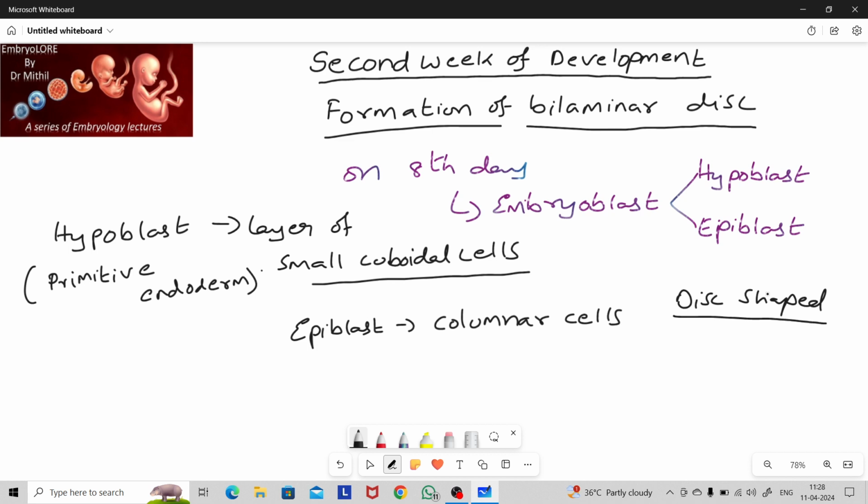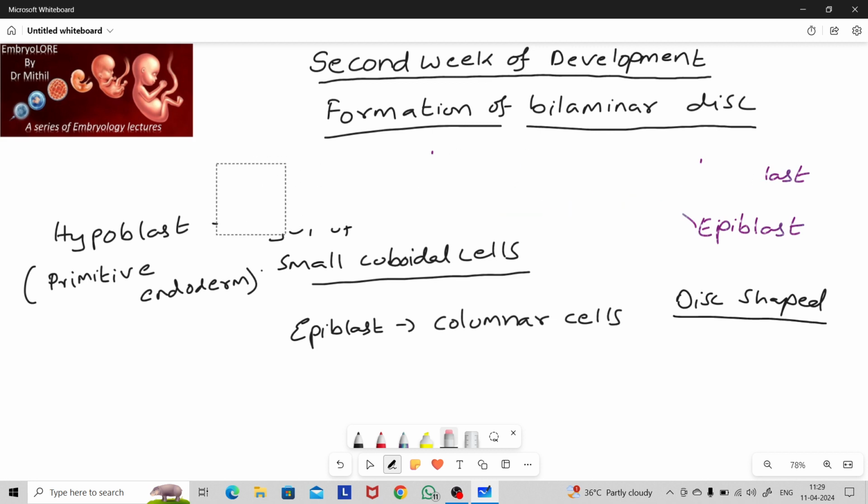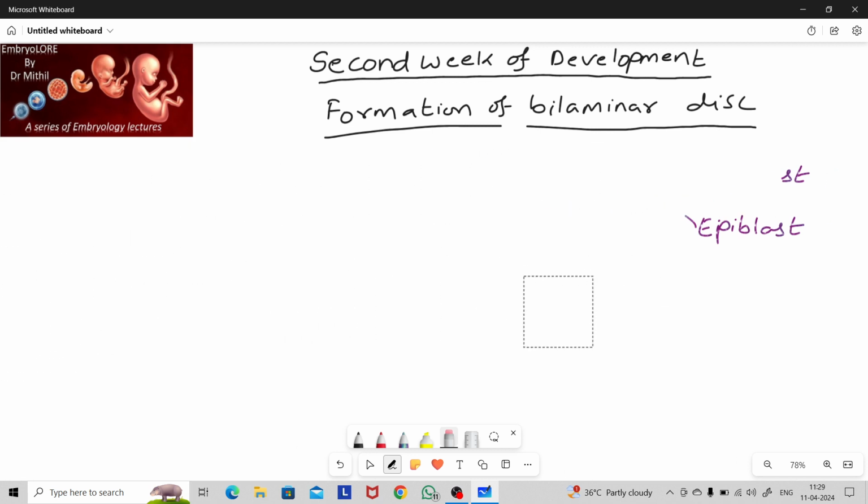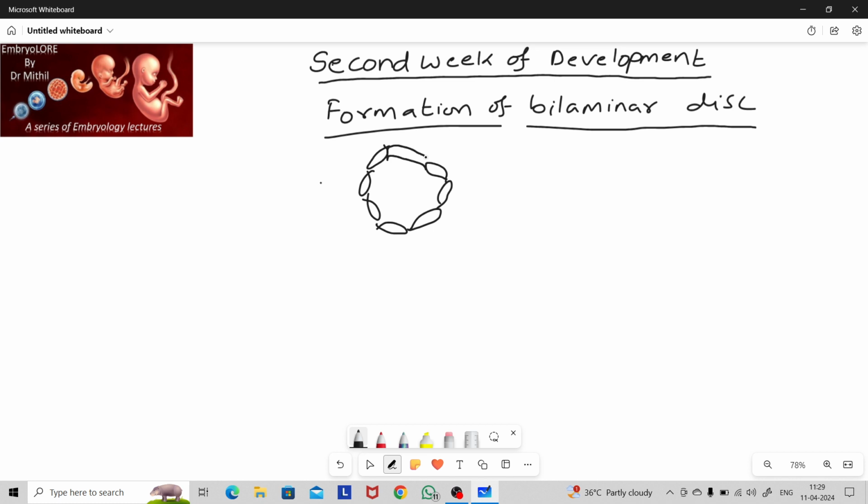So now we will understand the formation of the amniotic cavity in the form of a diagram. The flattened cells lining, that is the trophoblast. Yes, this is the trophoblast with the nucleus.